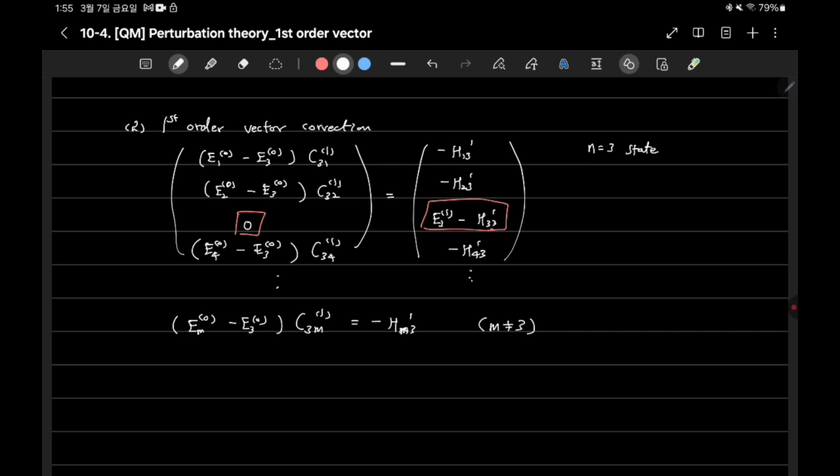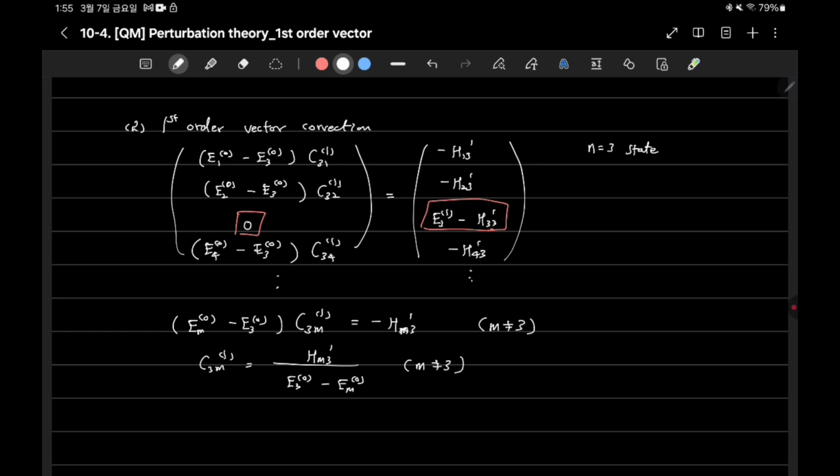In general, M is 1, 2, 4 and so on, it is not 3. So then we can know that the first order correction C3M first is HM3 prime over E30 minus EM0. Here M is not the 3 state.